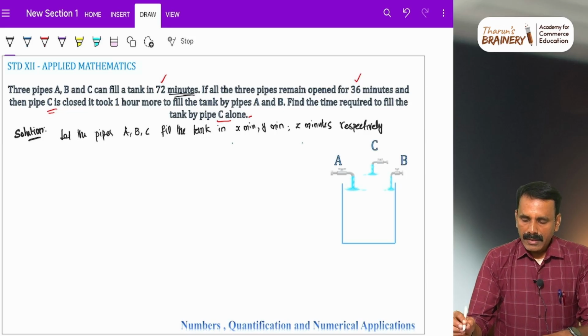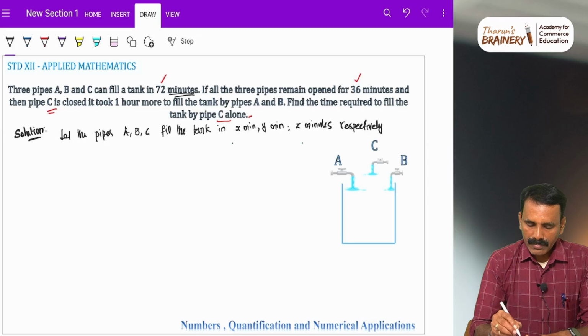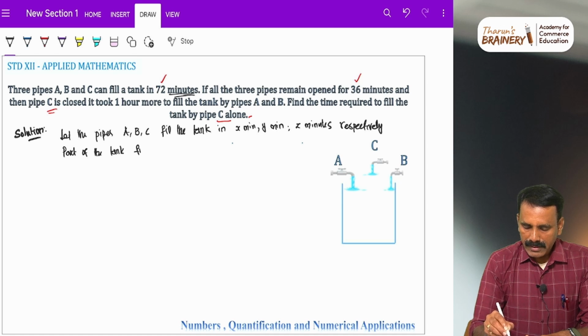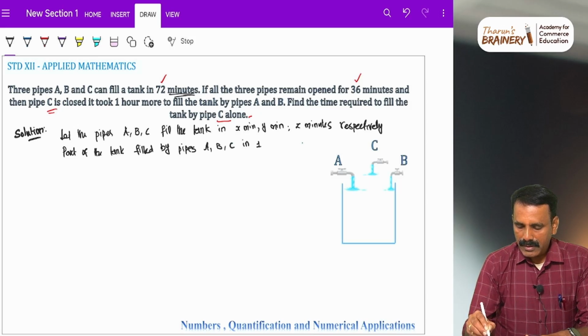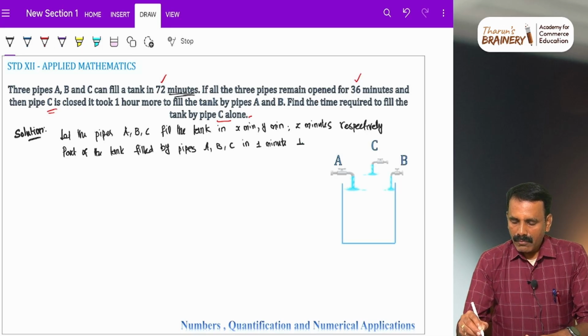In such case, the part of the tank filled by the pipes A, B, C in 1 minute will be 1 by x part, 1 by y part and 1 by z part respectively.